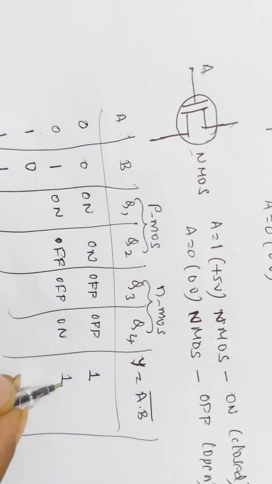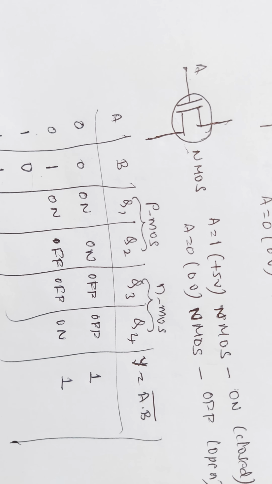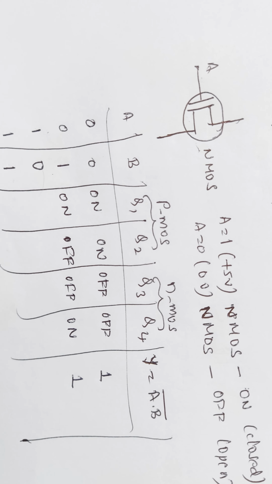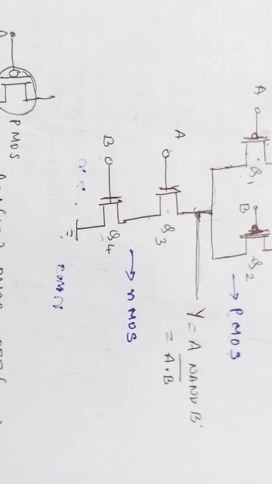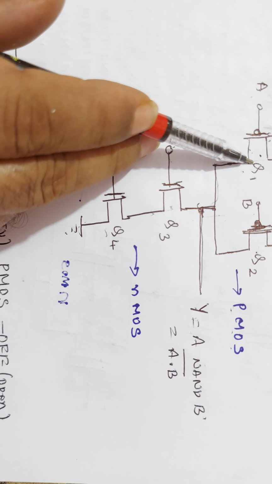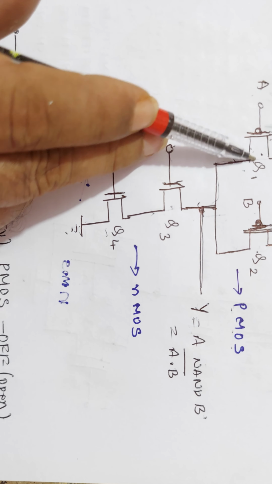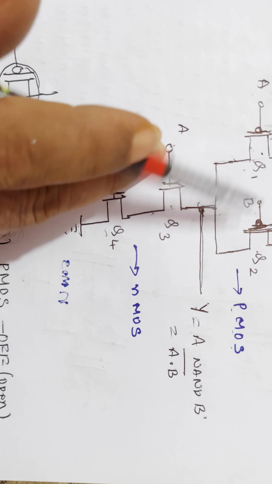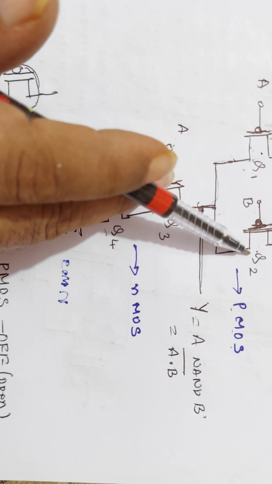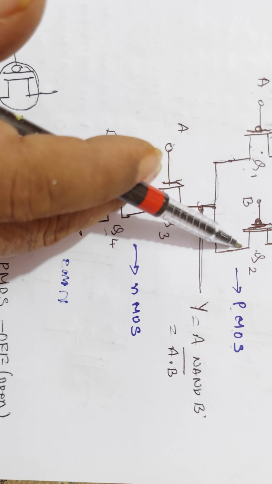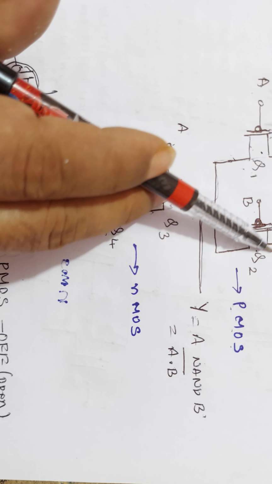Output is 1. For the next case, 1 and 0. Here A equals 1. It is a P channel, therefore it acts as an open switch. Q1 goes off. But Q2 is on because when B equals 0, it is on and the circuit is closed.